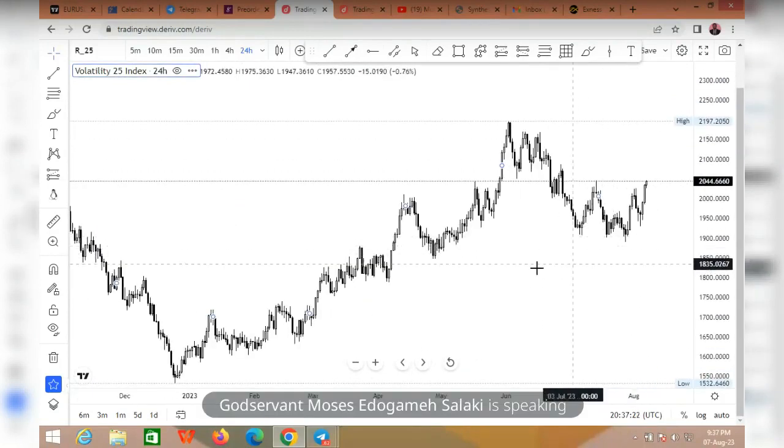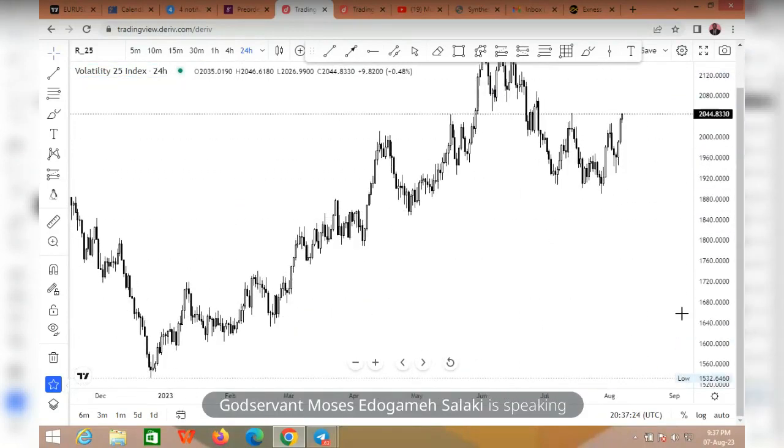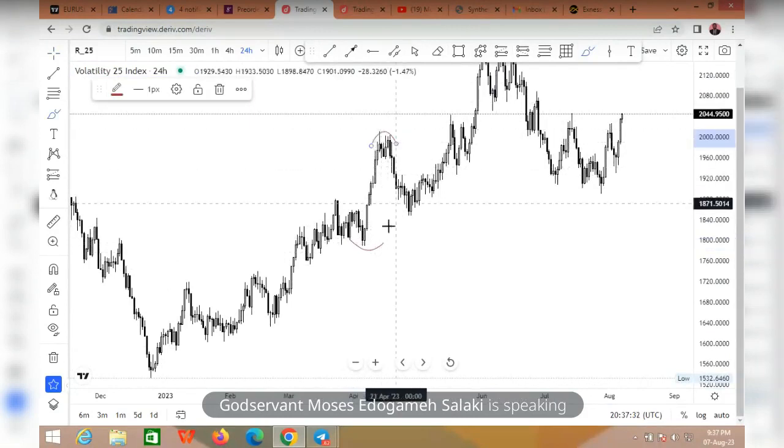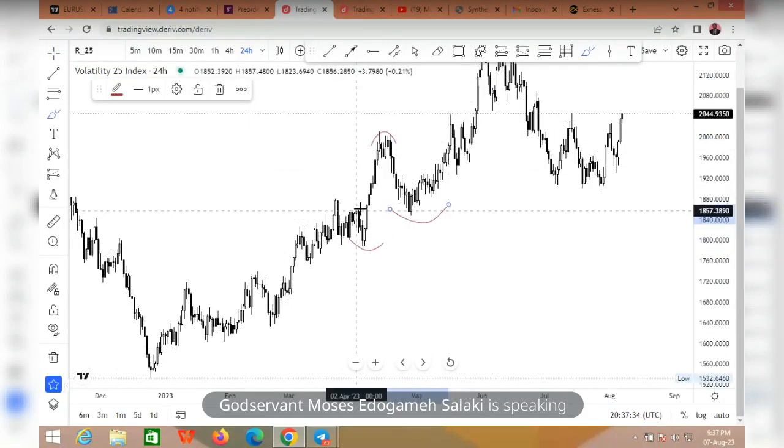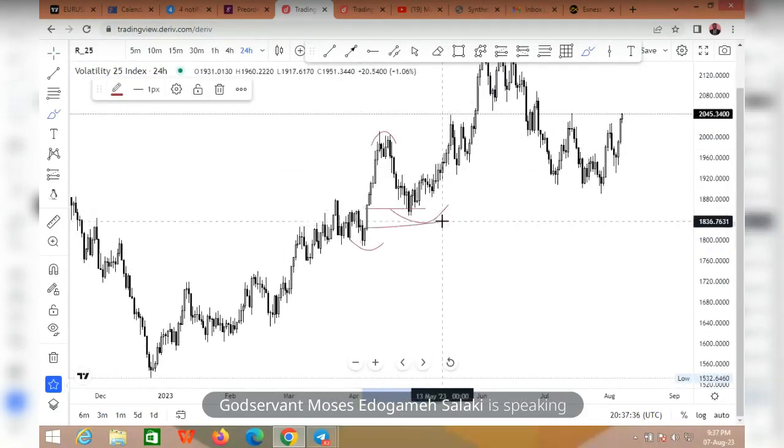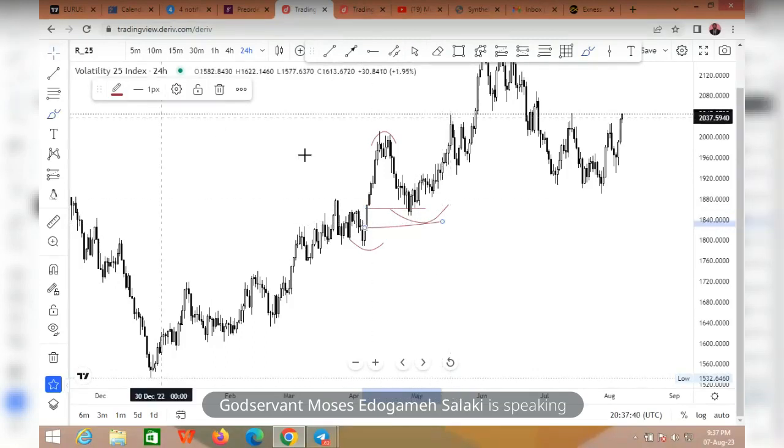So let's look at the daily structure. This was a low, then we had a high. Price came for a higher low, coming into this zone, and then price traded away.